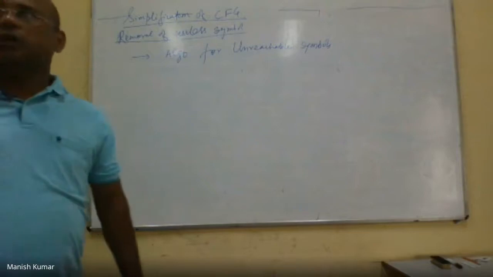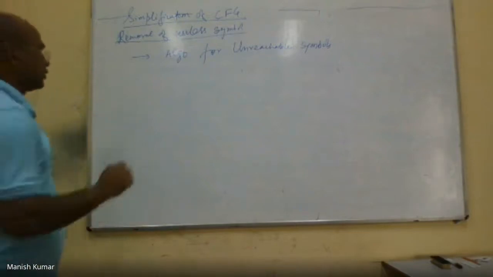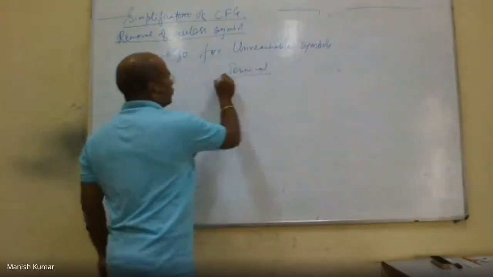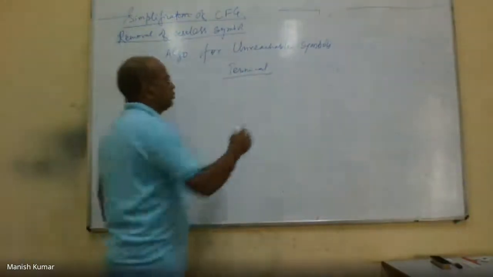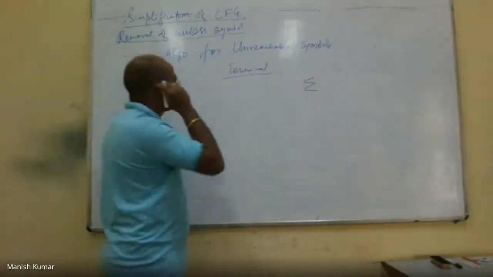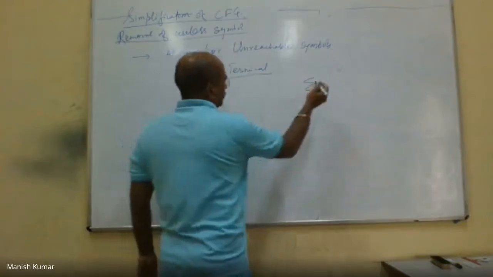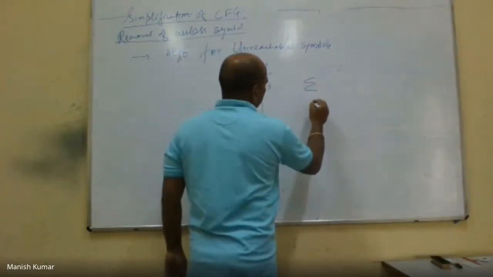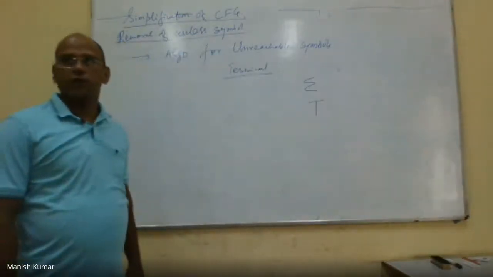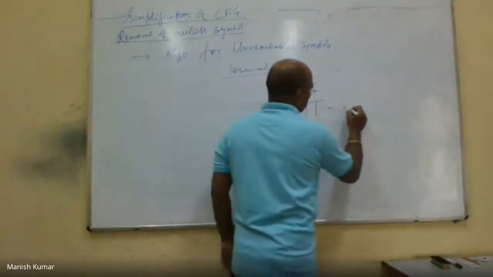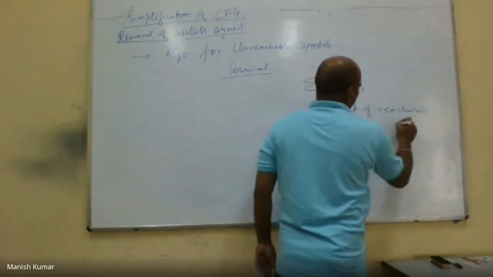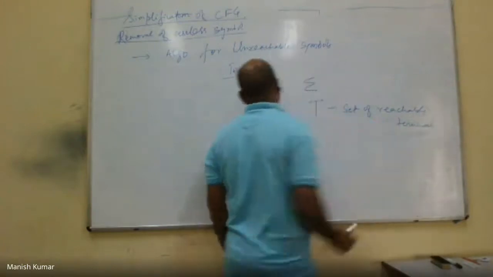Now, the same algorithm can be used for terminals also, because you have this sigma set. You can generate some set, say T, which is nothing but the set of reachable terminals.